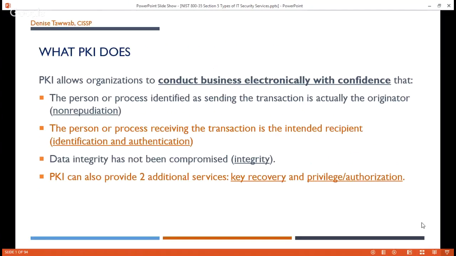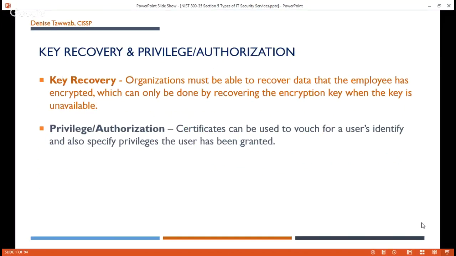Key recovery is where you have to be able to recover data that your employee has encrypted. And this can only be done by recovering the encryption key when the key is unavailable. And then privilege authorization certificates can be used to vouch for a user's identity and also specify the privileges that the user has been granted in a particular technical environment.